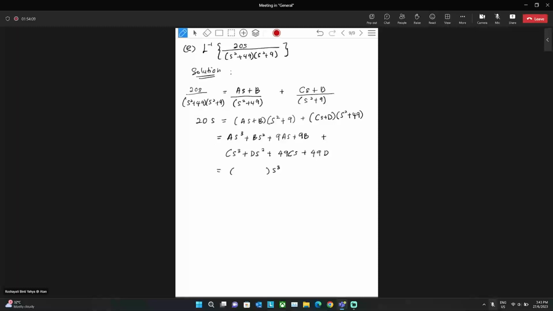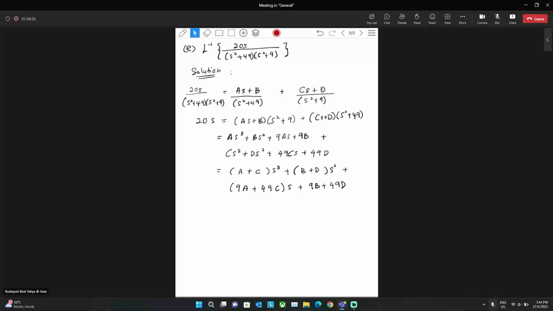Okay, so (A plus C) s cubed plus (B plus D) s squared plus (9A plus 49C) s plus (9B plus 49D).